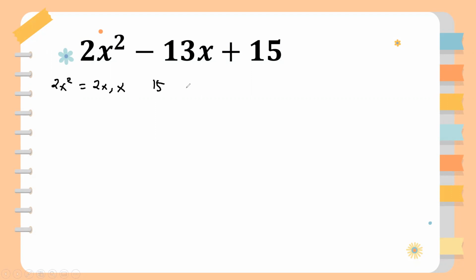So, mag-iisip tayo ng dalawang numbers na kapag minultiply natin, ang sagot is itong 15. So, we have 15. Ilista natin, 1 times 15, 15 times 1, 3 times 5, 5 times 3. Alright?